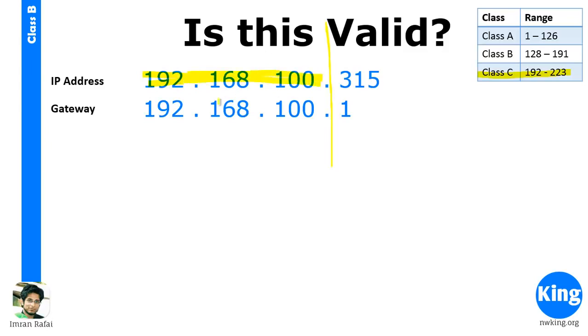If you check, 192.168.100 is the same, so that's all right. But is this a valid host? What did I say? IP addresses can take from 0 to 255, but this 315 is not a valid IP address. I'm sure most of y'all didn't catch that.